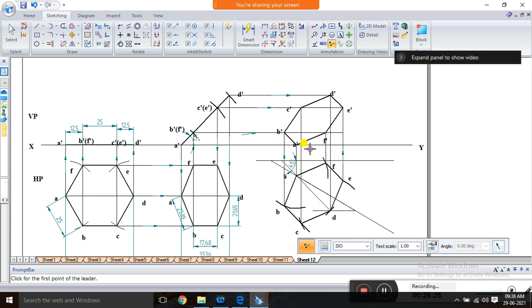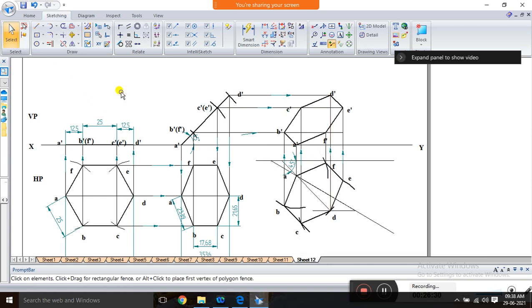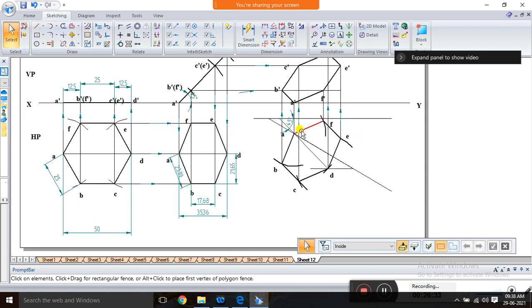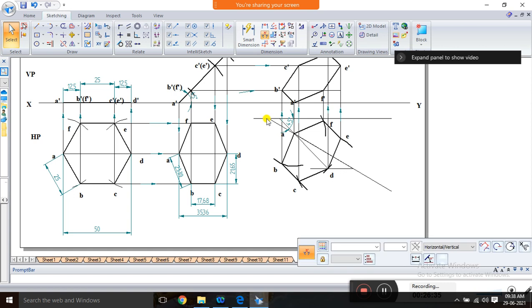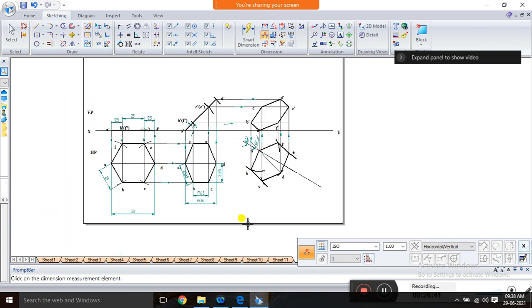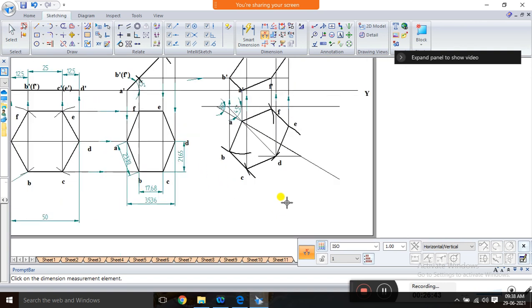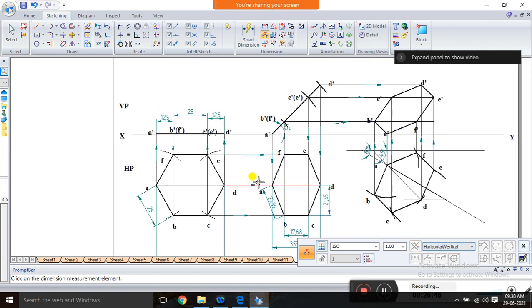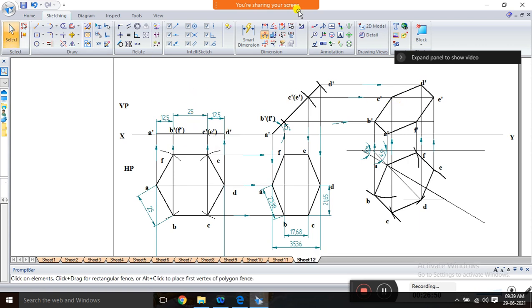If you show the arrow mark, it will complete your problem. Also you have to write the beta angle is 45 degrees, and the actual angle is 30, and this thick line represents all the visible views in the first position.